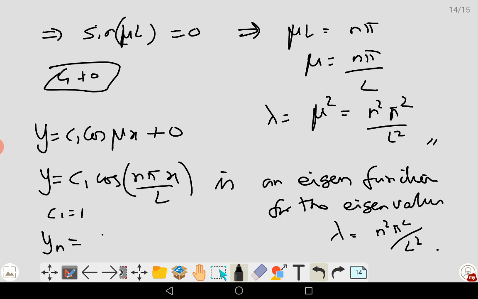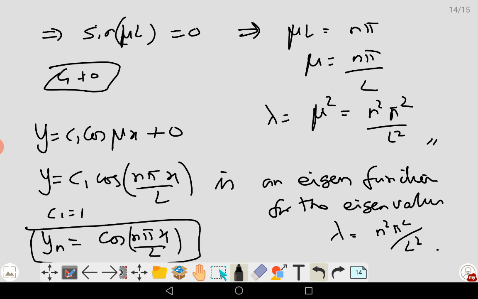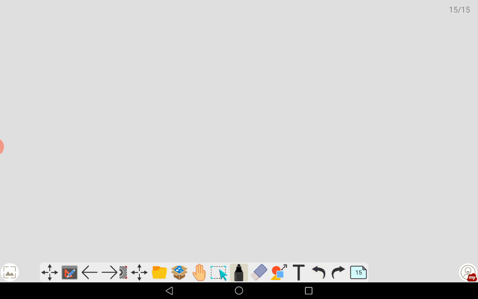When you take C1 as 1 and generalize it, y_n is cosine n pi x over L, yet another eigenfunction. For all n equal to 1, 2, 3, 4 you can choose.